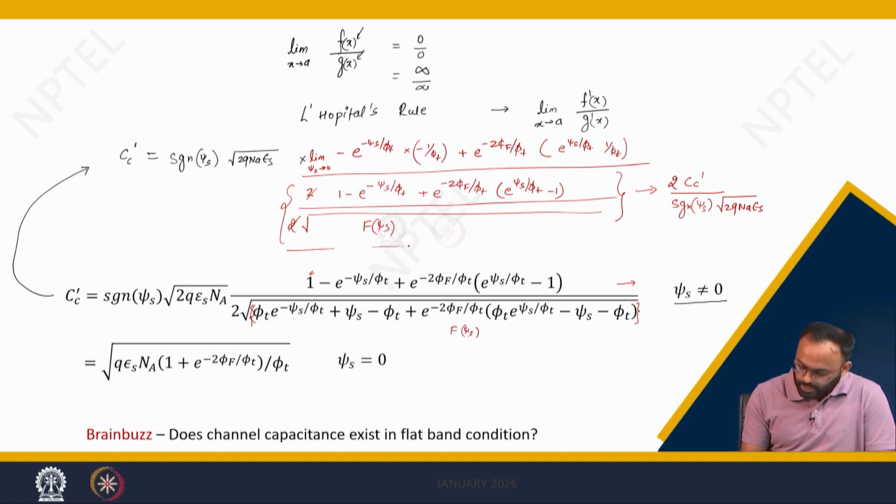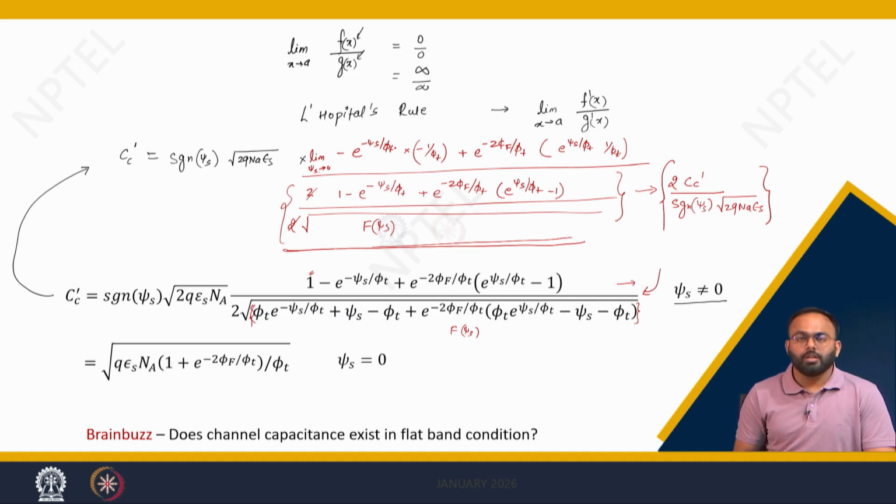So this denominator can be replaced by this quantity by using this equation, and you need to put psi s equals 0 in the numerator. So ultimately you will get C c dash is equal to signum of psi s square root of 2 into q into Na into epsilon s.